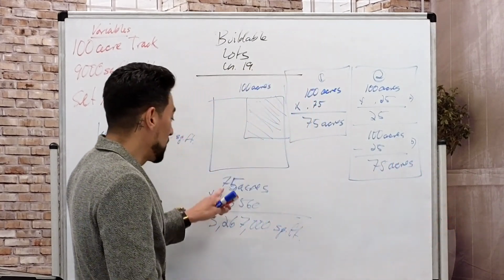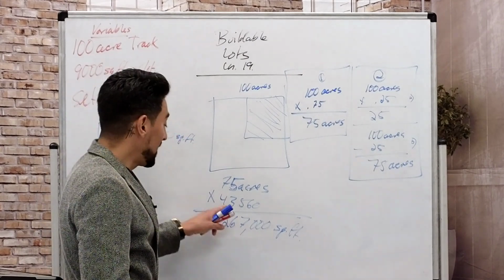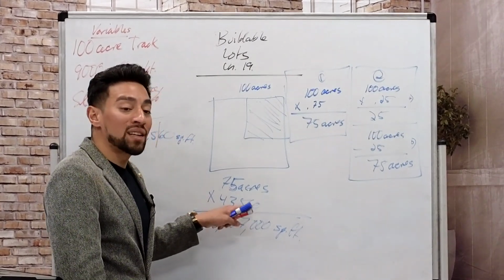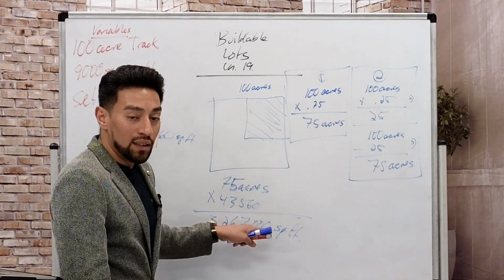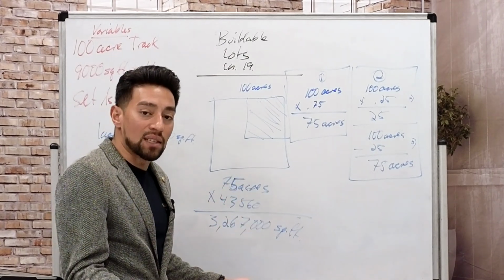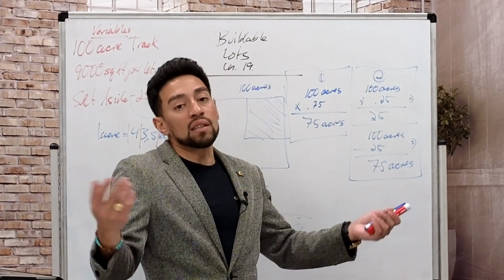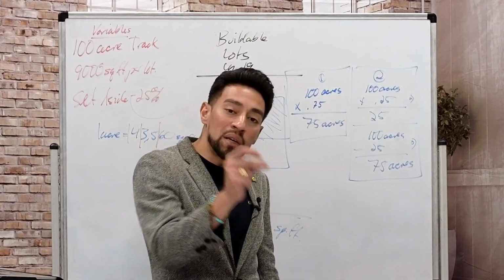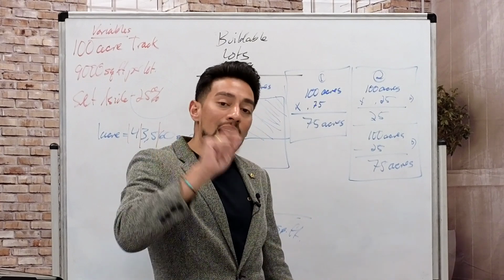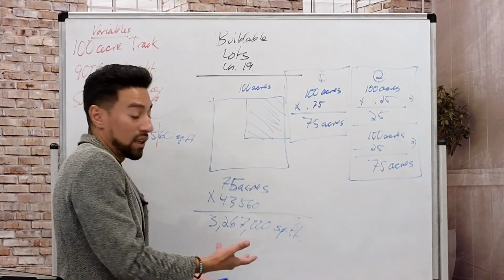For example, just thinking about the fact that 1 acre is 43,000 and change square feet, and you have 75, it has to be a massive number. Because if 1 is 43,000, how many you think 75 will be? And the minute you think in that way, it instantly makes that number logically huge.